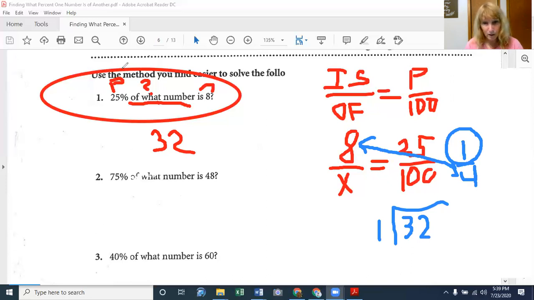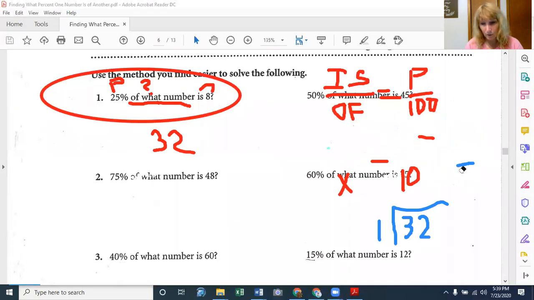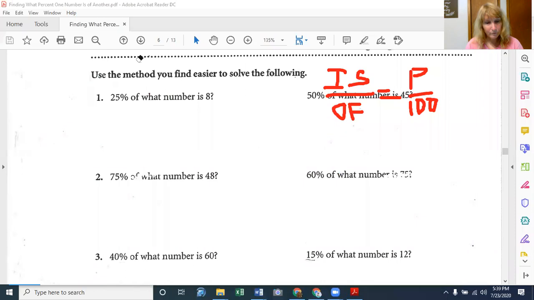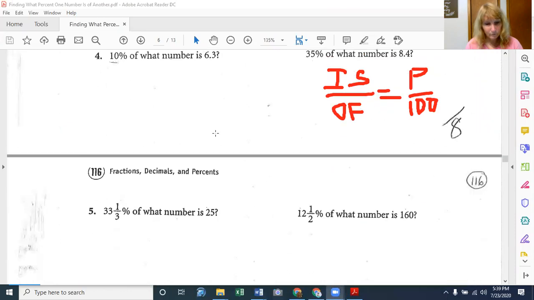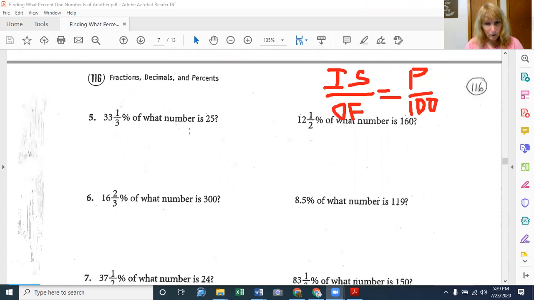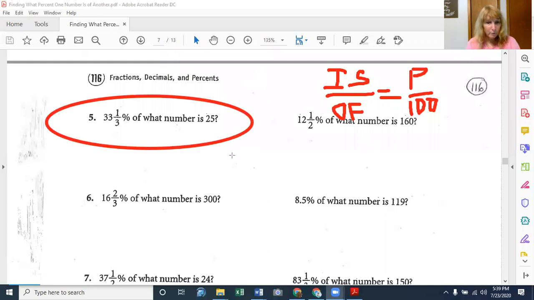Okay, let's erase what I can here. Try to keep my formula up there. Okay, let's look at one of these ones with a fraction. 33 1/3% of what number is 25?